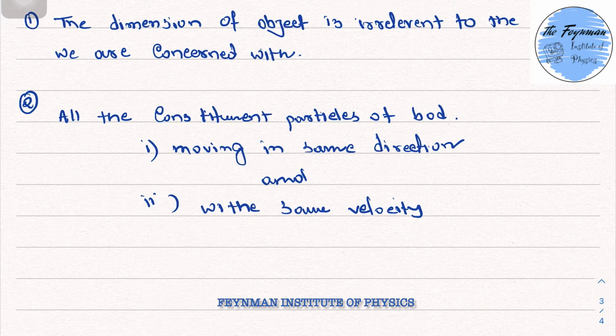Now this happens as we are dealing with a rigid body, so the force applied over it will not deform it, so every point of it moves in the same direction and with the same velocity.